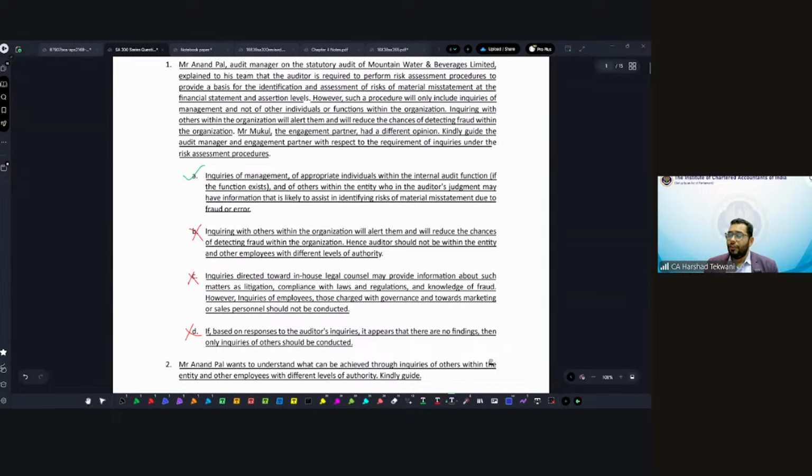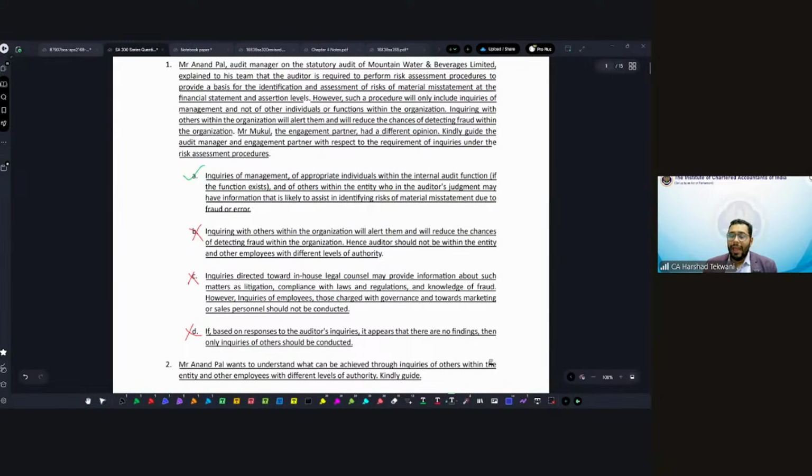You can do inquiries of the internal audit function. For example, they will provide you what they have tested, where they think there is a risk, whether they have identified any fraud, any misstatement, deficiencies in the internal controls, a lot of things.